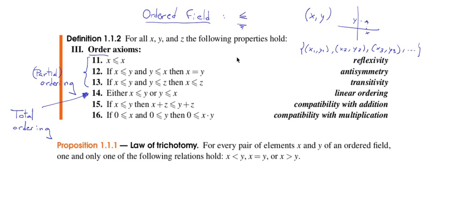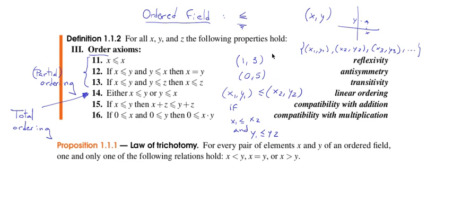For instance, you have 1, 3, and then 0, 5. Is this number smaller or equal than this, or is this number smaller or equal than this? The way we define smaller is that x1, y1 is smaller or equal than x2, y2 if x1 is smaller or equal than x2 and y1 is smaller or equal than y2.